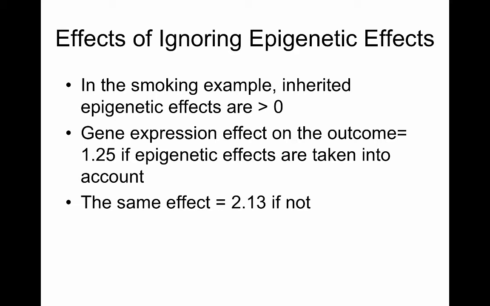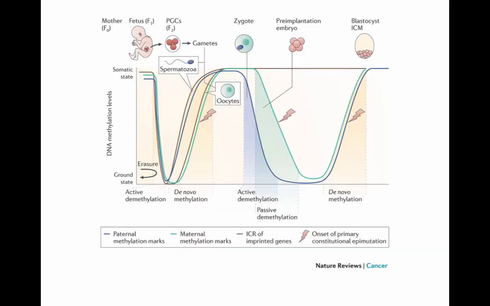Well, it's because the real data set does not exist. You may recall me emphasizing in the previous slides that this epigenetic bias would only be a problem if the epigenetic effect is passed down from the parent to the offspring. There are no real human epigenetic data, at least when it comes to methylation, where this happens. So they had to simulate.